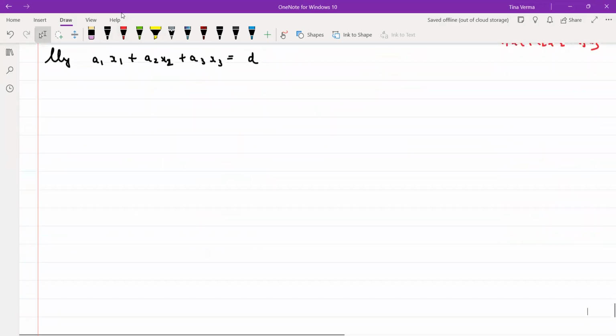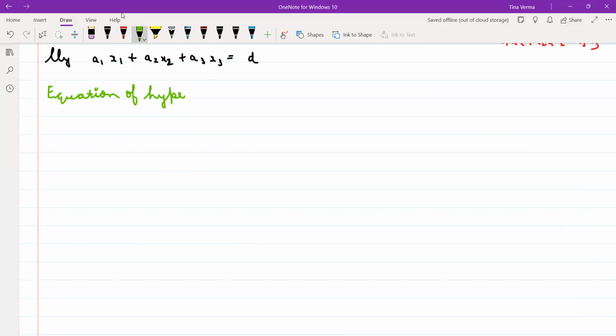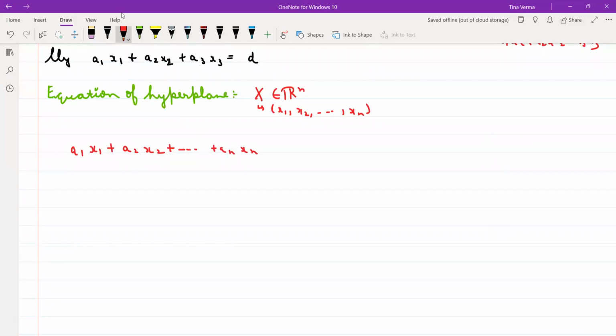When you extend your x to n dimensions, it becomes the equation of a hyperplane. Equation of a hyperplane means that when x belongs to Rn, x is x1, x2, and so on up to xn, and you write a1 into x1 plus a2 into x2 up to an xn equal to your number d.